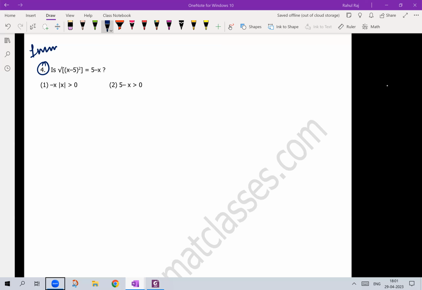Is it A? So what is the logical way to approach it? This is 100% a positive element. Can I change my question as 5 minus x greater than or equal to 0?